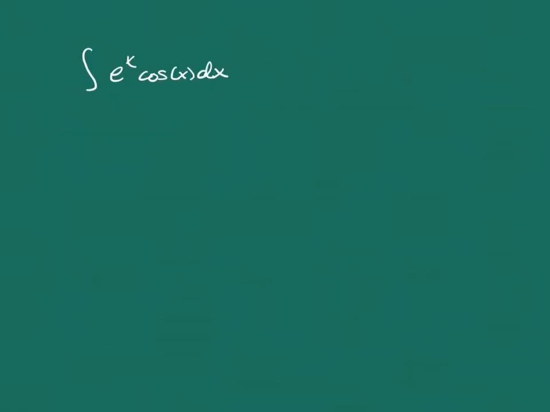With our integration by parts formula, we chose u to be our trig function, so that's our cosine of x. dv then just becomes everything else, which is our e to the x dx. du is just the differential of cosine, and the derivative of cosine gives us negative sine of x dx.